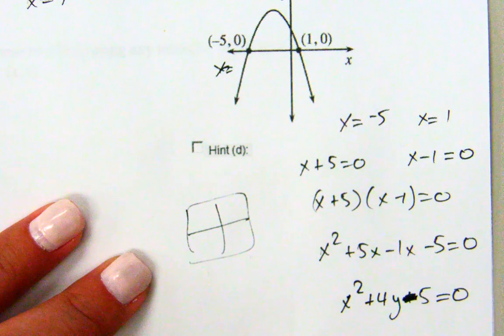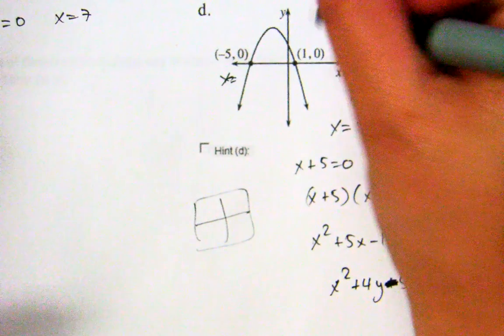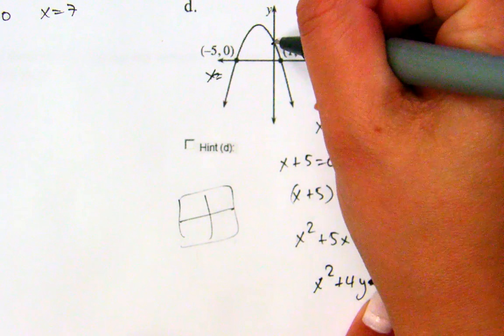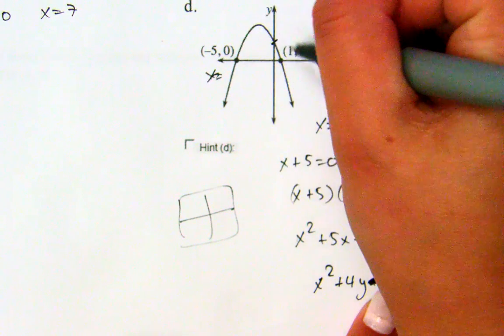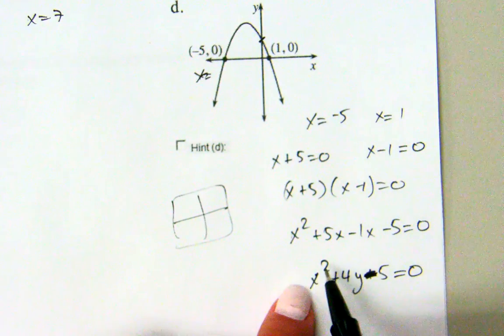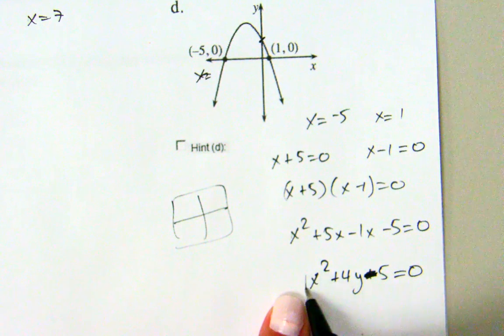Okay, so right away I know I have a problem, because this -5 for the y-intercept is obviously not up here, right? And on top of that, this is opening down, and the coefficient on my x squared is a +1.